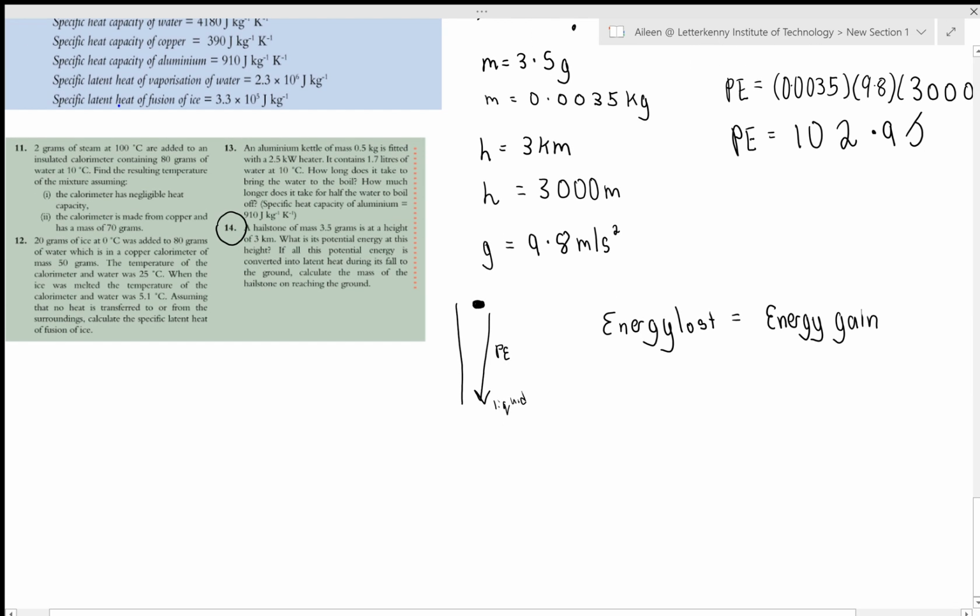So where is our object losing energy? It's losing potential energy. And how is our object gaining energy? Our hailstone is gaining energy by changing state from a solid to a liquid.